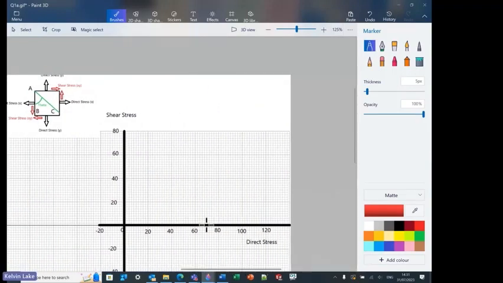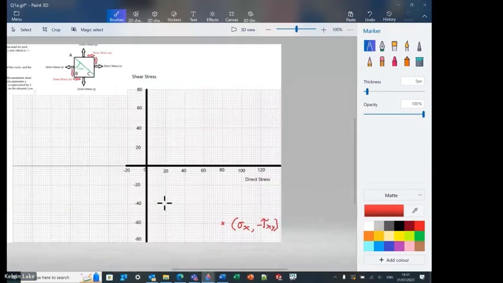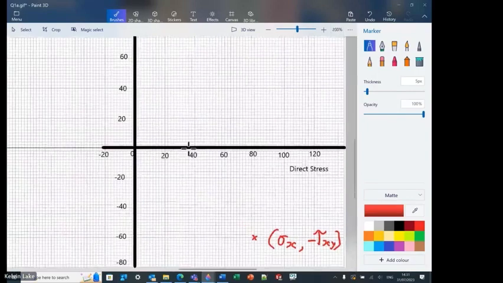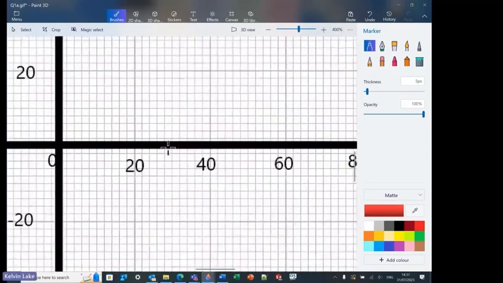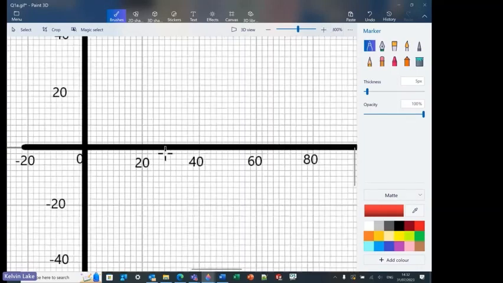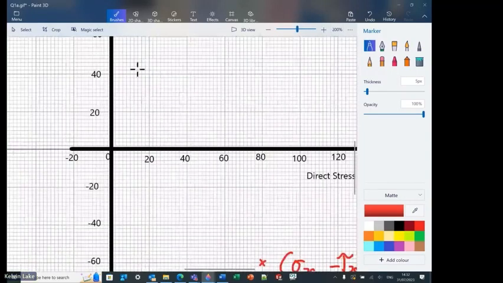So we're going to plot on our graph paper 30 along and 60 up. We've got 2, 4, 6, 8, 10, okay, so each one is 2. So 30 will be 20, 22, 24, 26, 28, 30, and 60.